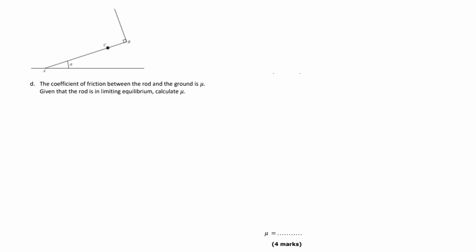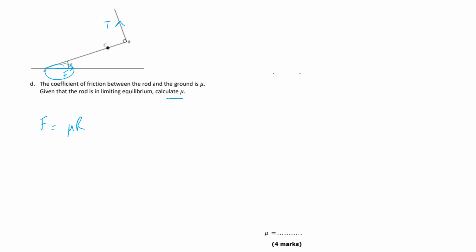Last part of the question, we're just being asked to now calculate mu, which is the coefficient of friction. So if we put our friction back on, friction is equal to mu R. Now what we're going to do is put the tension back on and just equate, because we're in equilibrium, the horizontal forces.